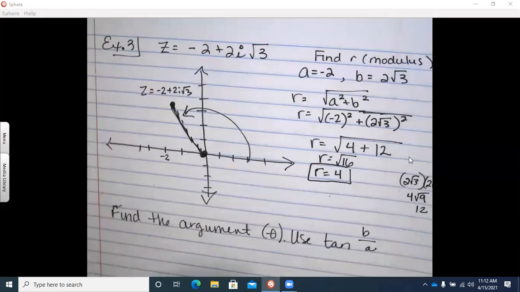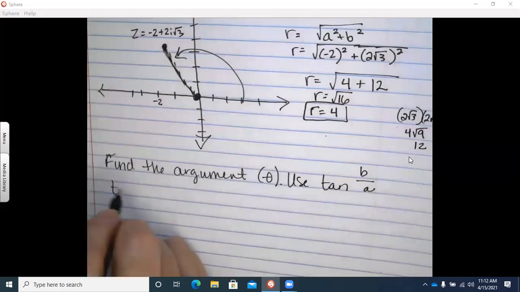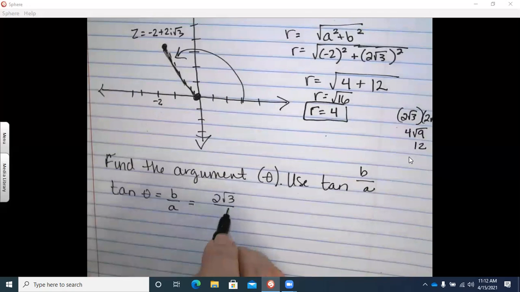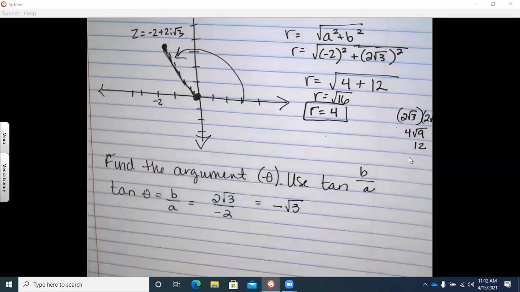So the tangent of theta equals b divided by a. In this case, b is 2 square root 3 divided by a, which is -2. Well, I can do 2 divided by -2 because they're both outside of the radical. So what is 2 divided by -2? -1, and that's going to be outside the radical, or I can just say negative square root of 3. I don't have a radical in the denominator, right? Because my denominator now is just 1.